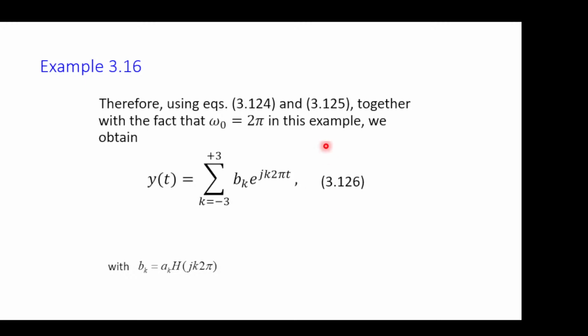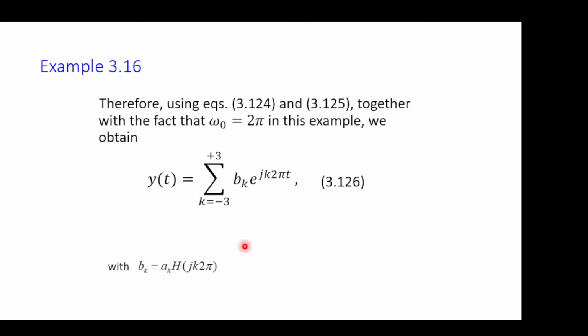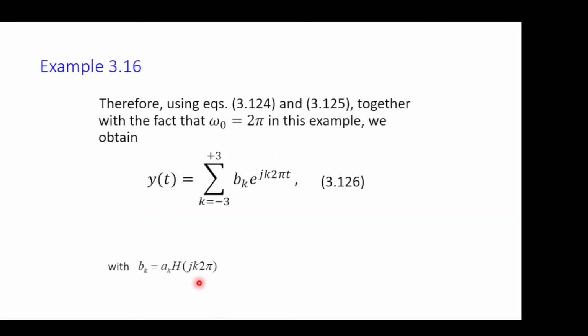So y of t will be the sum over the same range of k, from minus 3 to plus 3, because x of t has k from minus 3 to plus 3, of b_k e^{jk omega_0 t}. We hide our big H in the b_k, so b_k will be a_k times H. Obviously this H also depends on k, because for different k we get different omega.